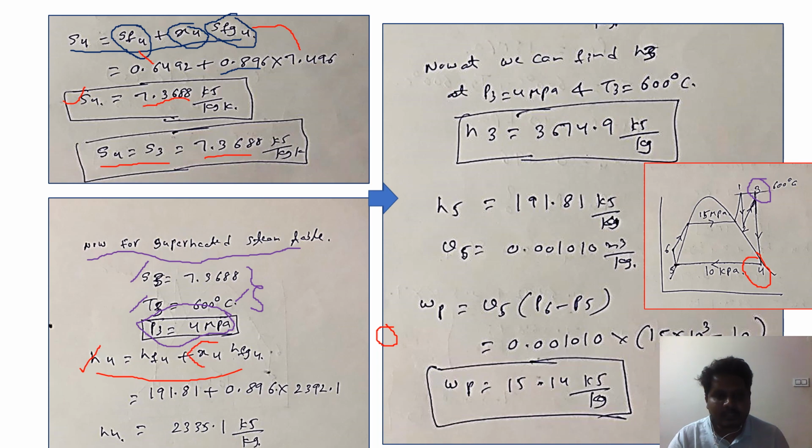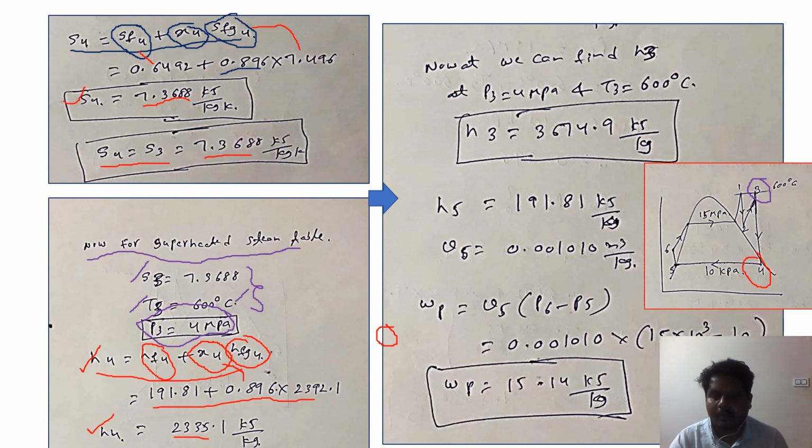Here X4 is the dryness fraction at point 4, which is already given in the problem. HF4 and HFG4 values I have taken from the saturation steam table, and I substituted those values here. So finally the enthalpy at point 4 is 2335.1 kilojoule per kg.